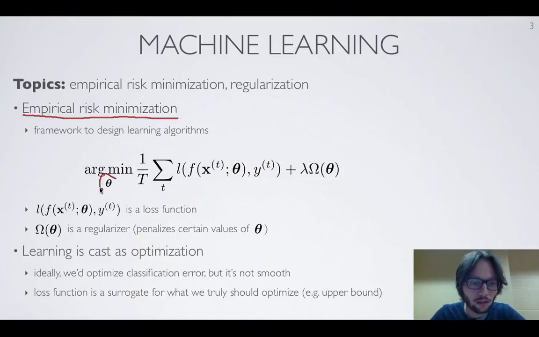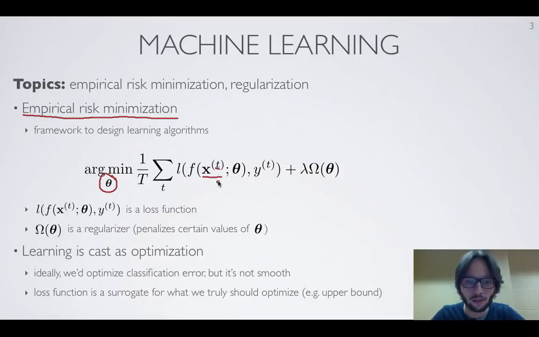I'm going to call theta the set of all the parameters in a given model. In the case we're interested in, theta is going to be all the parameters in the connection matrices, the W matrices, as well as the bias vectors b for all the different layers. I also note x_t as the t-th training example in some set of training images that we'll use to train our neural network.